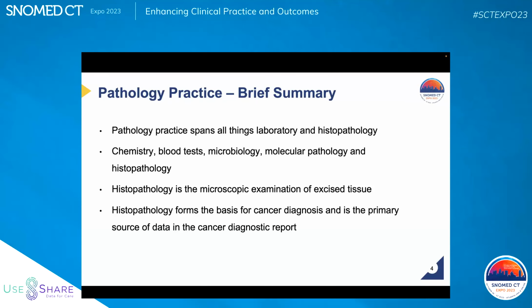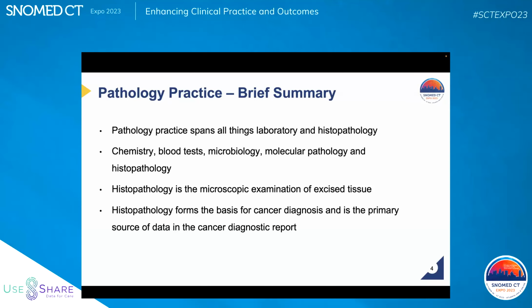But pathology in general, internationally, when we say pathology, oftentimes we conflate anatomic pathology with clinical chemistry, things that are in the laboratory. So really, here we're going to talk about histopathology and the parts of laboratory medicine that are specific to tissue, and the evaluation of tissue for cancer.